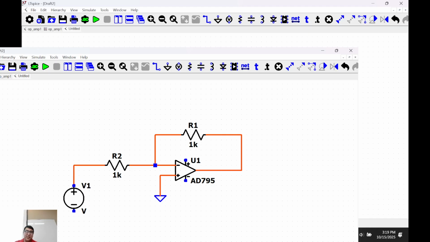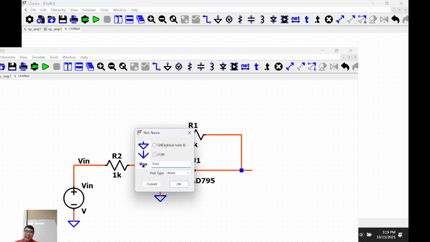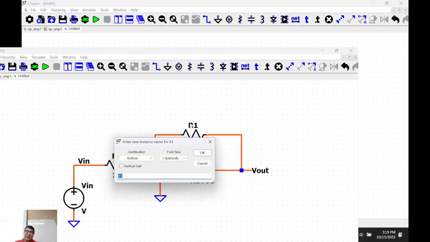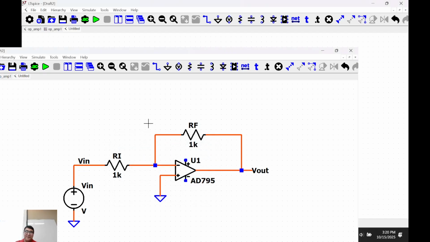V for voltage, Vin, ground. Vin. Wire, so we have a clean graph. Vout. I'm going to label this Rf because some people want to see the Rin and Rf. Is that good with everybody?